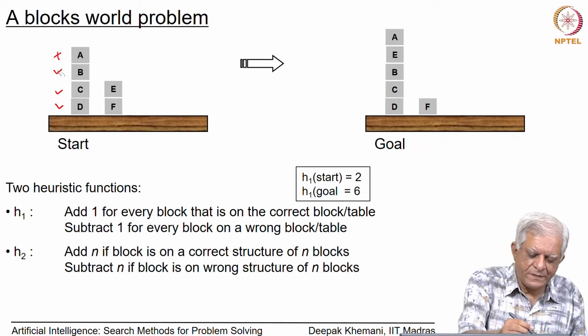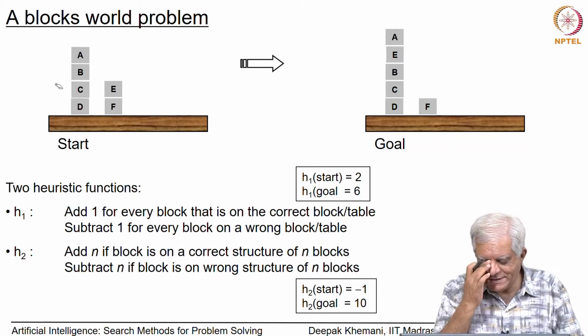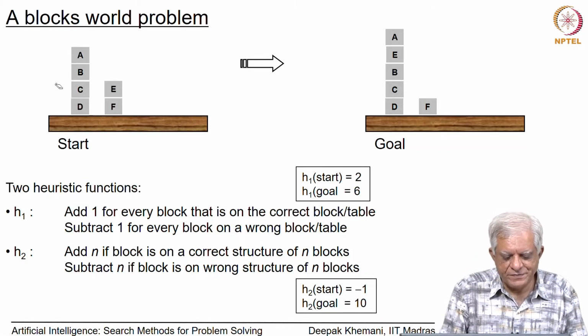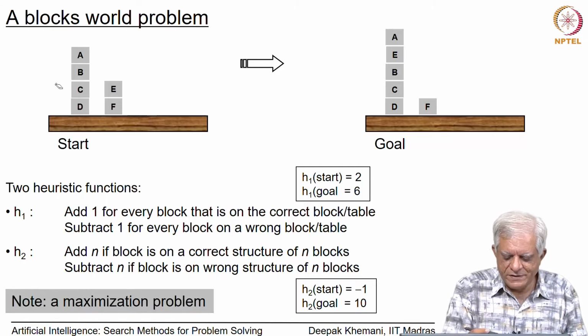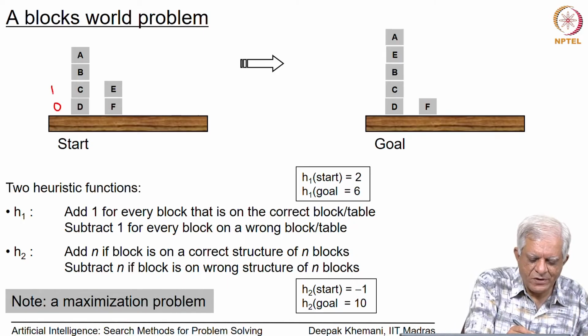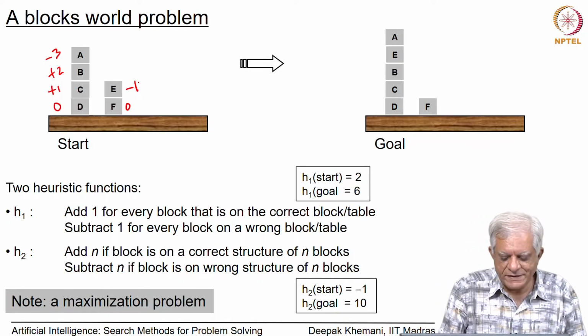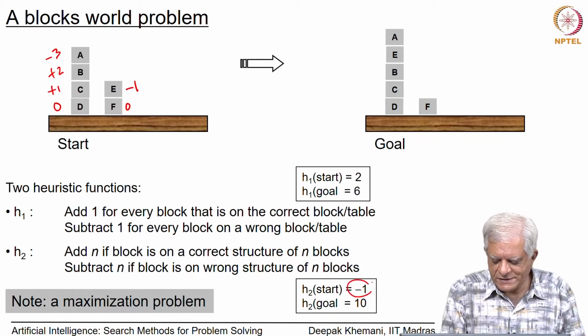For the second heuristic function, if you look at the values, then you can see that you would add 0 because the size of the tower is 0, plus 1, plus 2, minus 3, 0, minus 1, and eventually you will come down with a value of minus 1, which is shown here essentially.